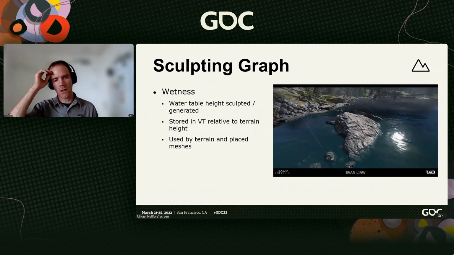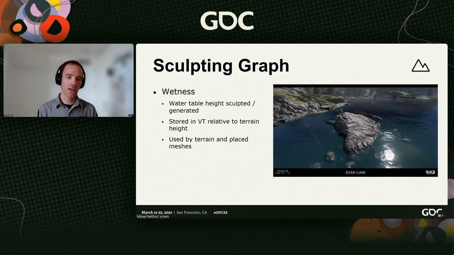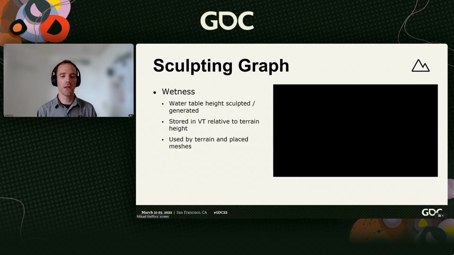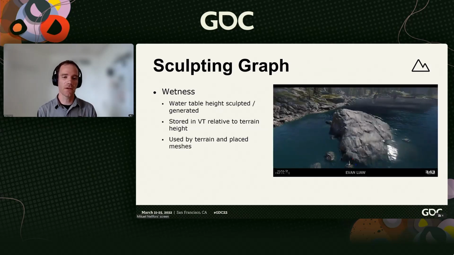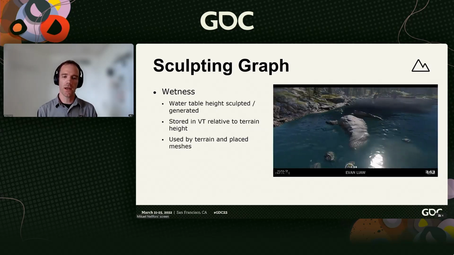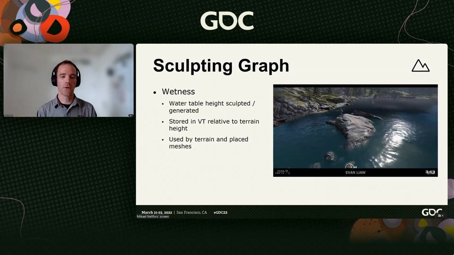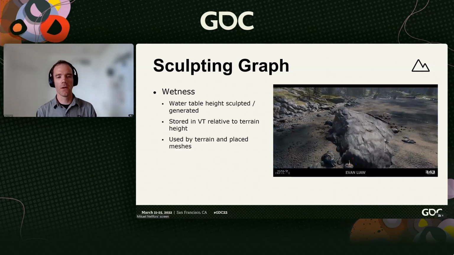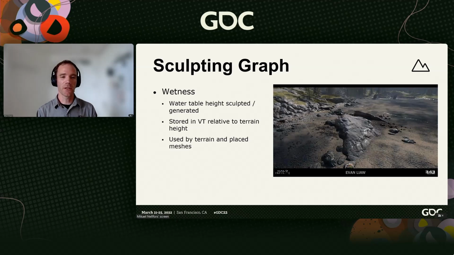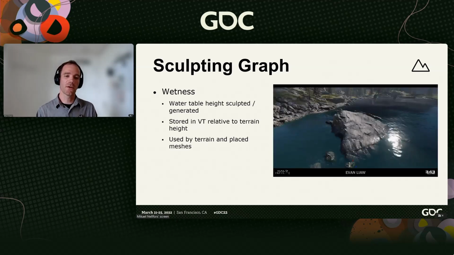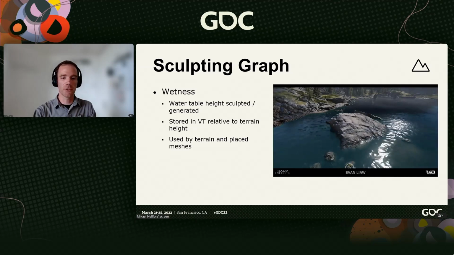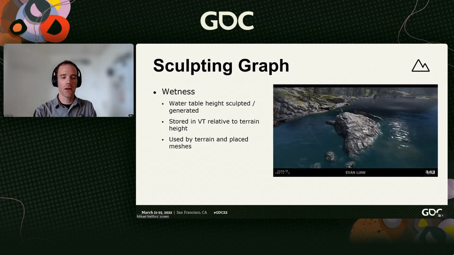So in the sculpting graph, rather than carry around another 16-bit height map, we compress this relative to where the terrain height surface is, and we write it into the terrain's virtual textures, which we can sample later on from anywhere. For example, here you can see a rock is sampling into the terrain's virtual textures to decide where to draw that wet material change along itself.